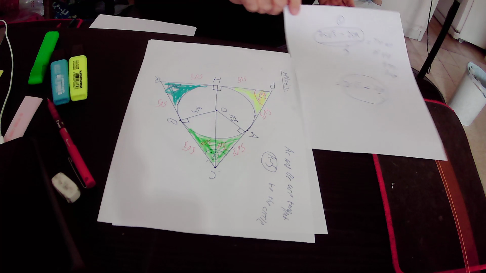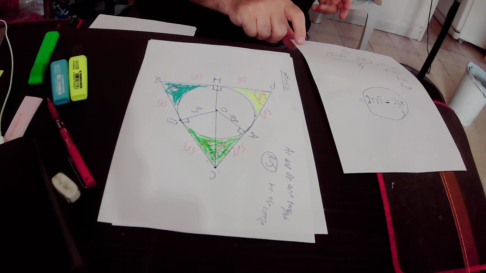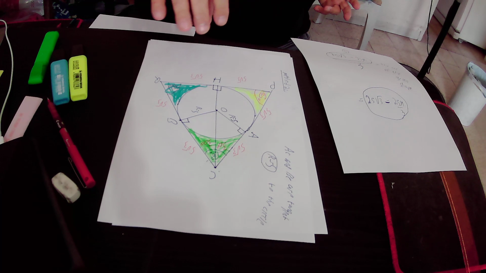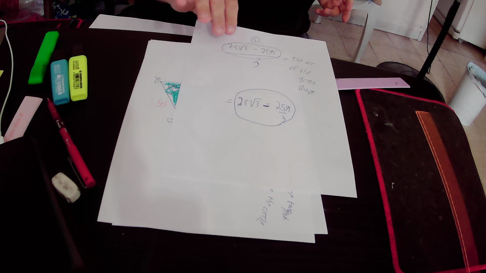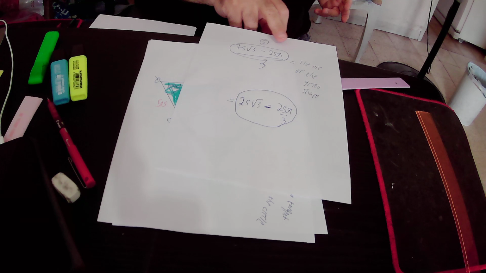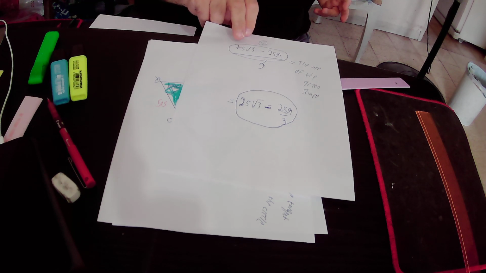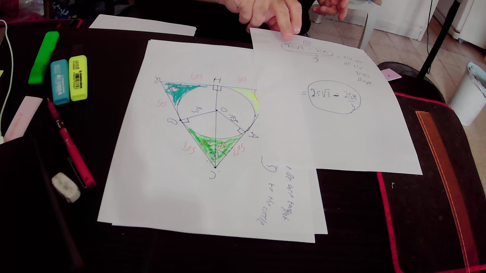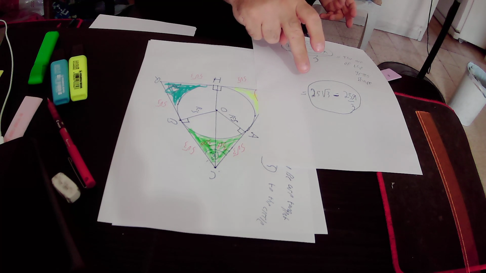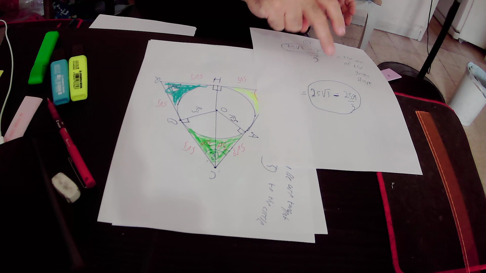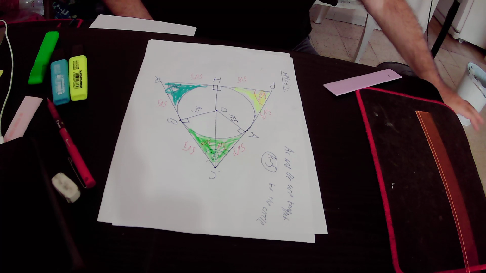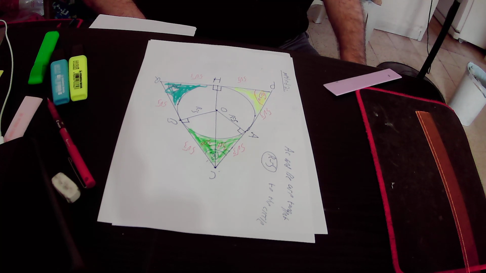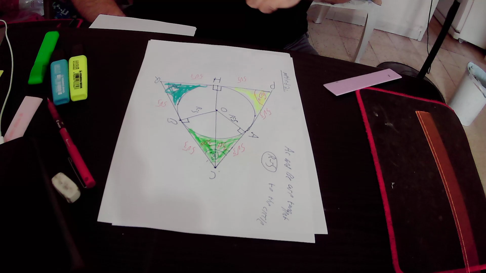Again, the area of the green shape is a third of the areas of the three shapes together, so we divided this expression by 3 and we got the area of the green shape. That is 25 times root 3 minus 25 pi over 3. Okay, so that was the second method to find out the area of this green shape.